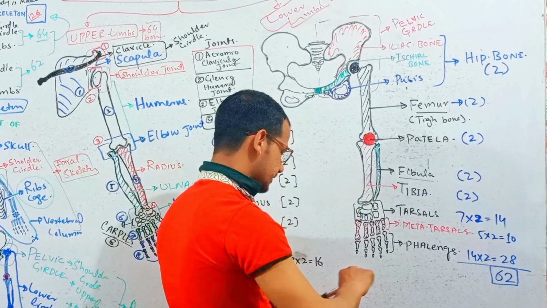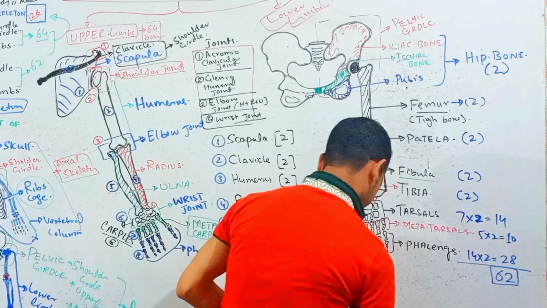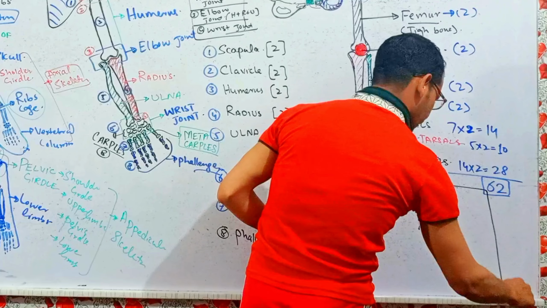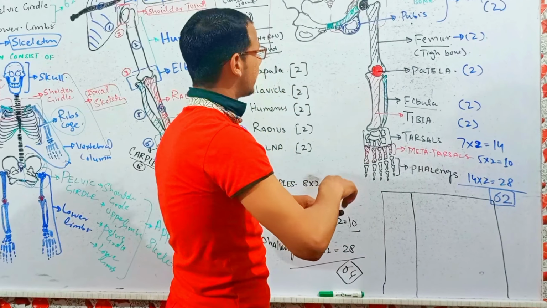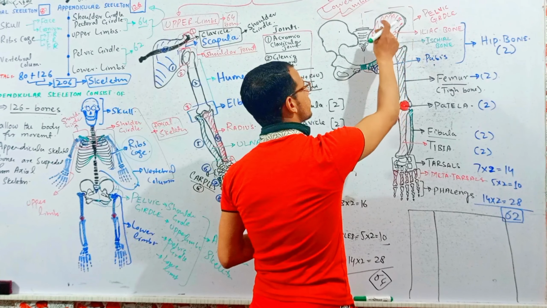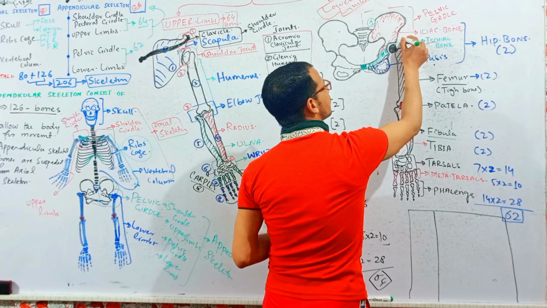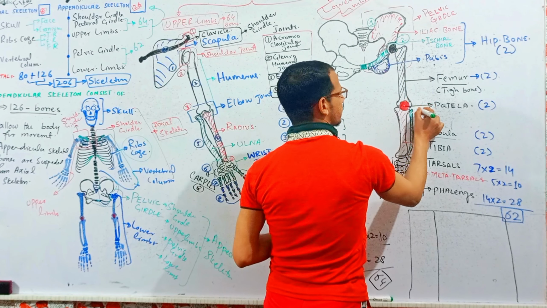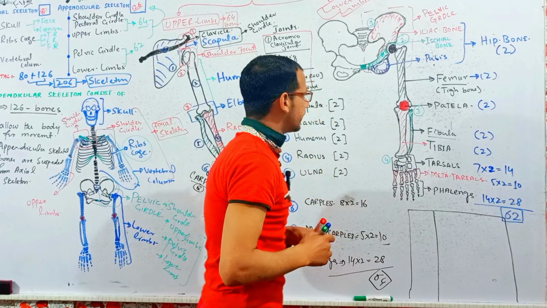Now, if we want to discuss the joints of the lower limbs, for example, I am going to number these joints: 1, 2, 3, 4, right?